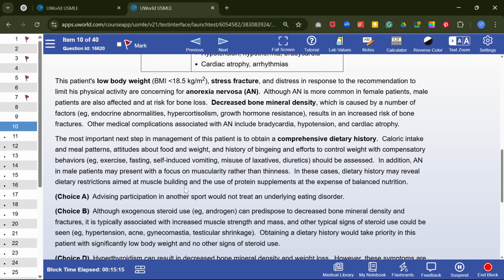In addition, anorexia nervosa in male patients may present with a focus on muscularity rather than thinness. In these cases, dietary history may reveal dietary restriction aimed at muscle building and the use of protein supplementation at the expense of balanced nutrition.